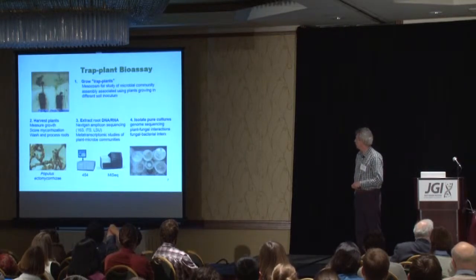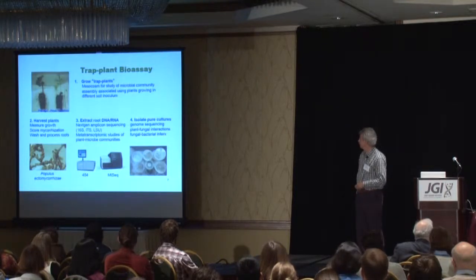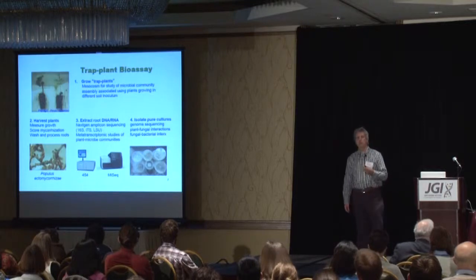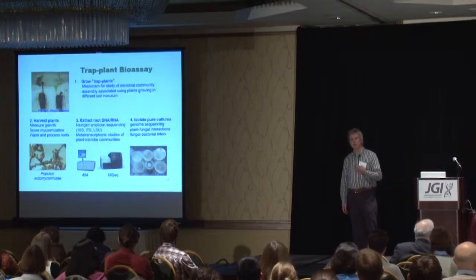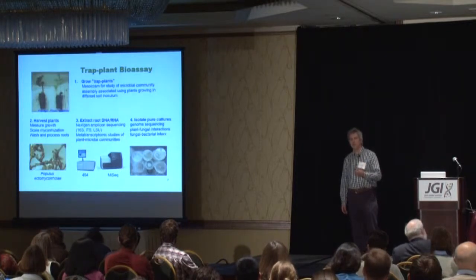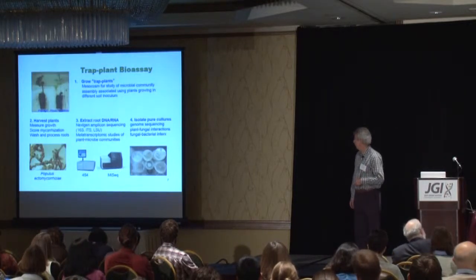We harvest those roots, we wash them, and then we use next-gen sequencing to look at the fungal communities that are present. And we're just starting now to look at the metatranscriptomes of these root systems to identify how these fungi are functioning within the plants.